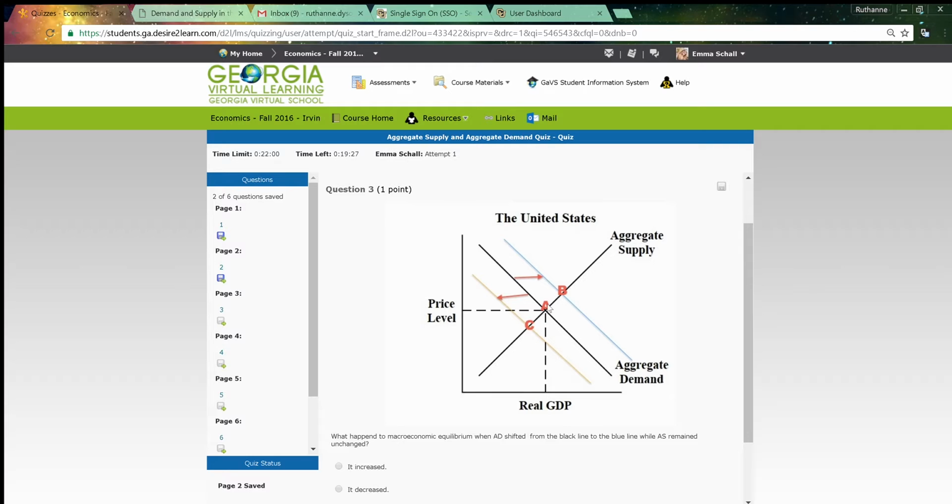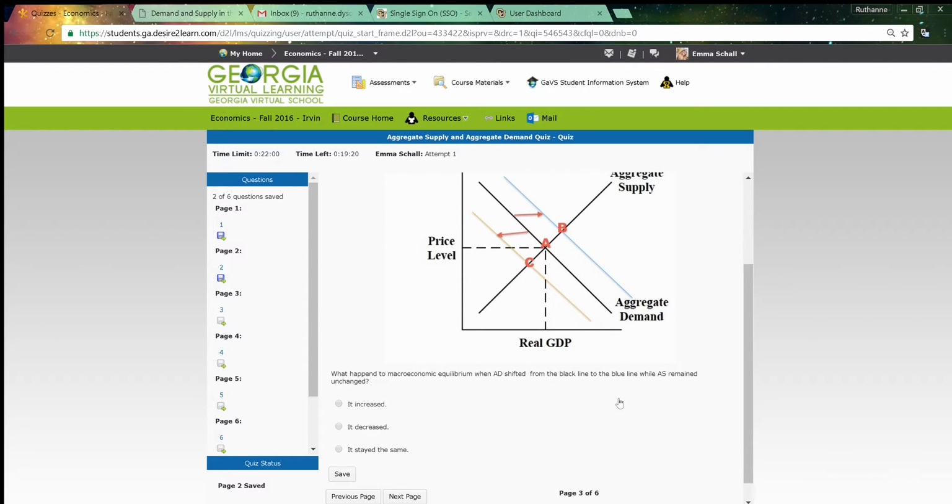So we're going from A to B. So we're going to have an increase in demand because we're going to the right. When we go here, it's going to increase because the aggregate demand increases. So the price level is going to increase and the real GDP is going to increase.